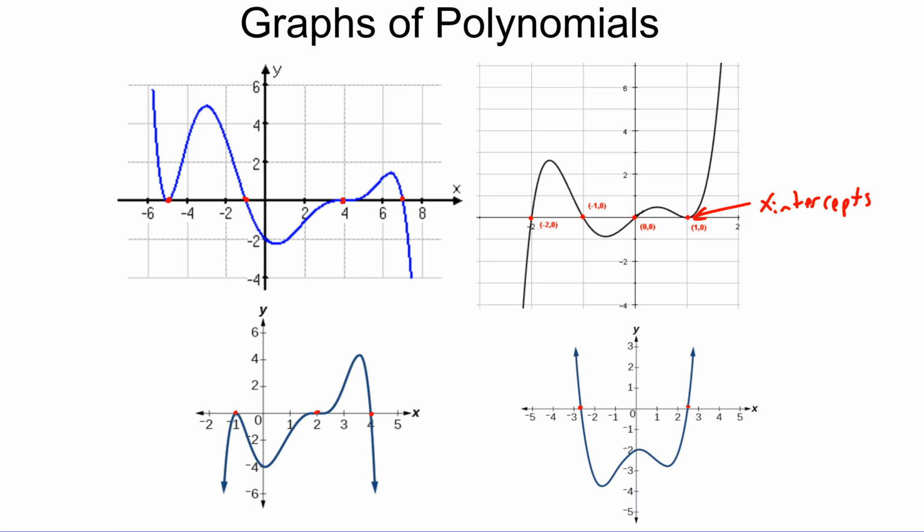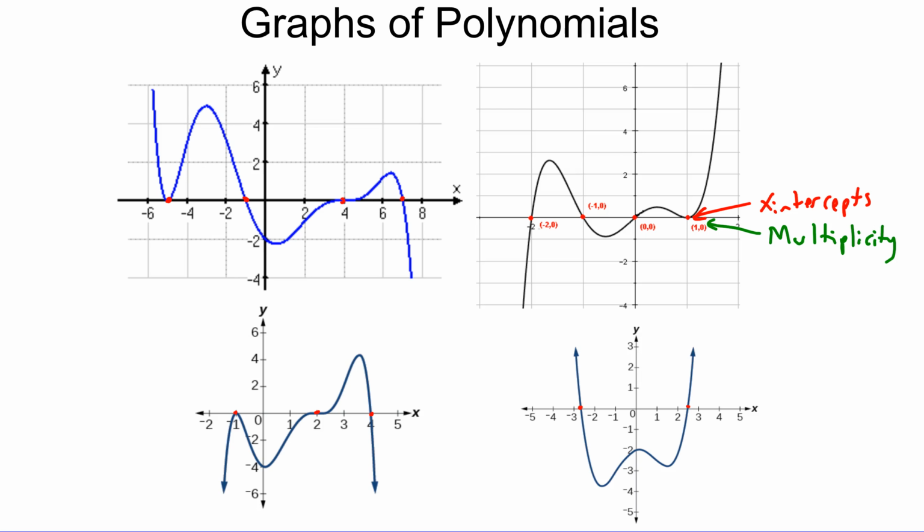We have these different behaviors occurring at the x-intercepts. And that's going to be a concept that we call the multiplicity of the x-intercept, and that'll help us figure out the behavior that's happening if we're crossing through the x-axis, or if it's what we call a touch or tangent behavior at that x-intercept.